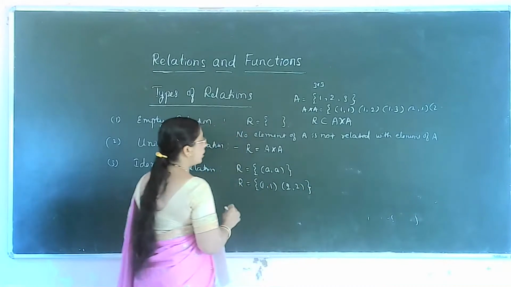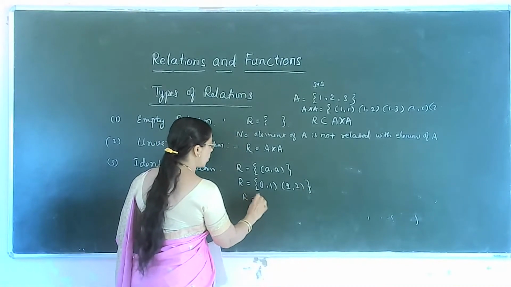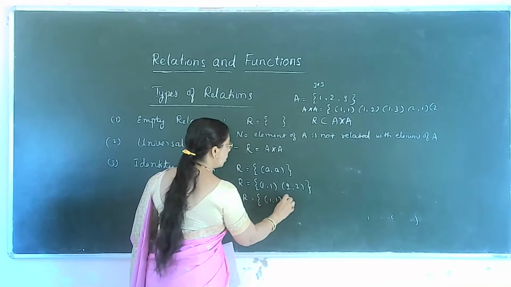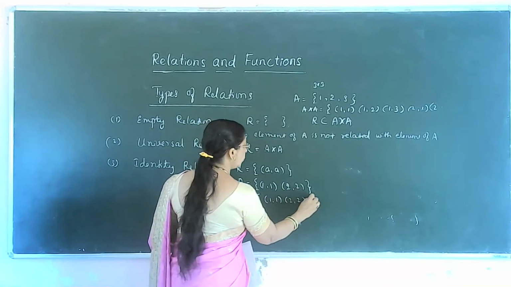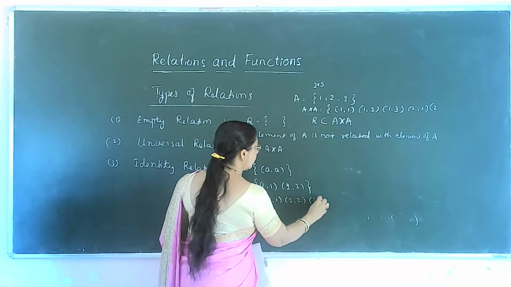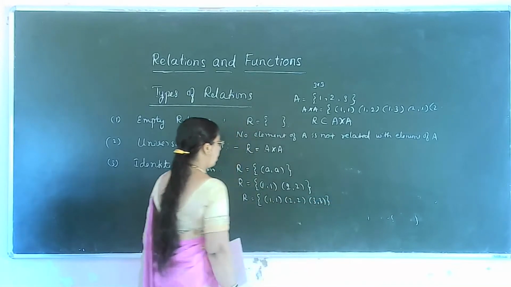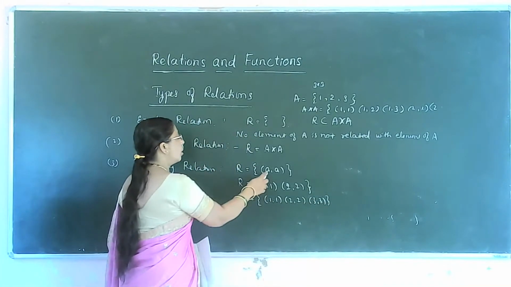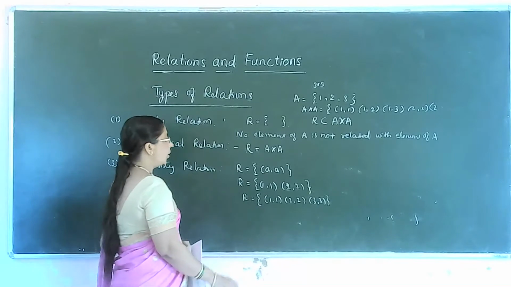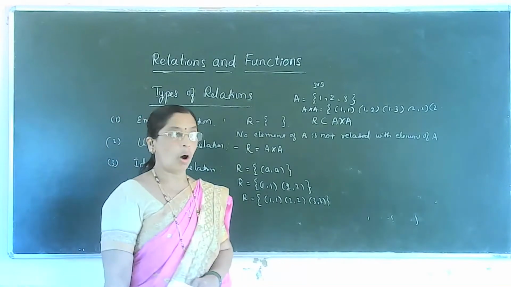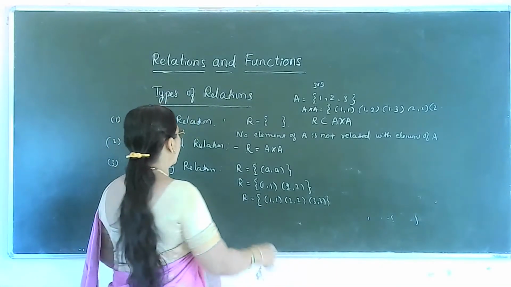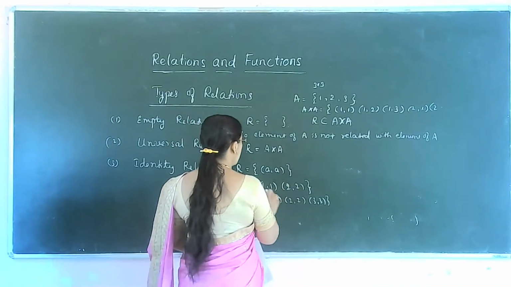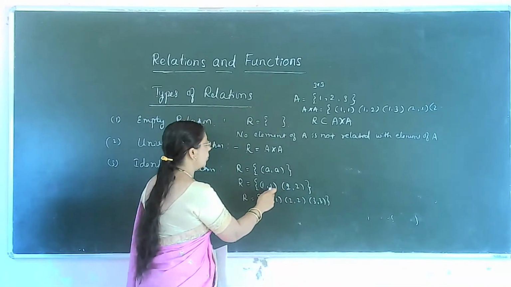It's also an identity relation. Or R is equal to {(1, 1), (2, 2), (3, 3)}. It's also an identity relation. We cannot write all the elements of A, meaning you can write one element.